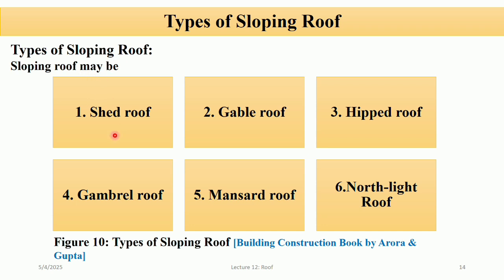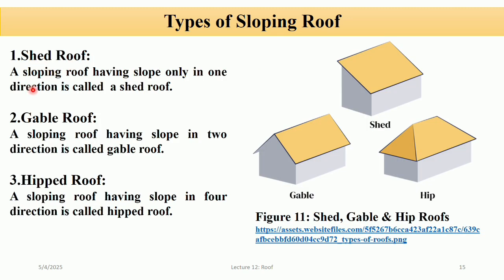A sloping roof may be a shed roof, gable roof, hip roof, gambrel roof, mansard roof, or north light roof. We will discuss all the types in detail in the next slides. Shed roof: a sloping roof having a slope only in one direction is called a shed roof. You can see in the figure, this is a shed roof.